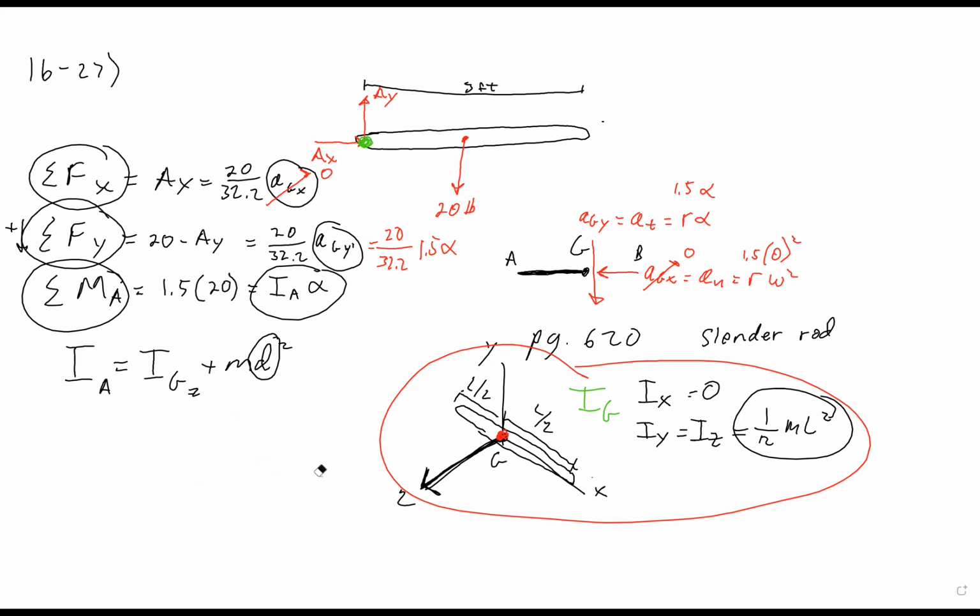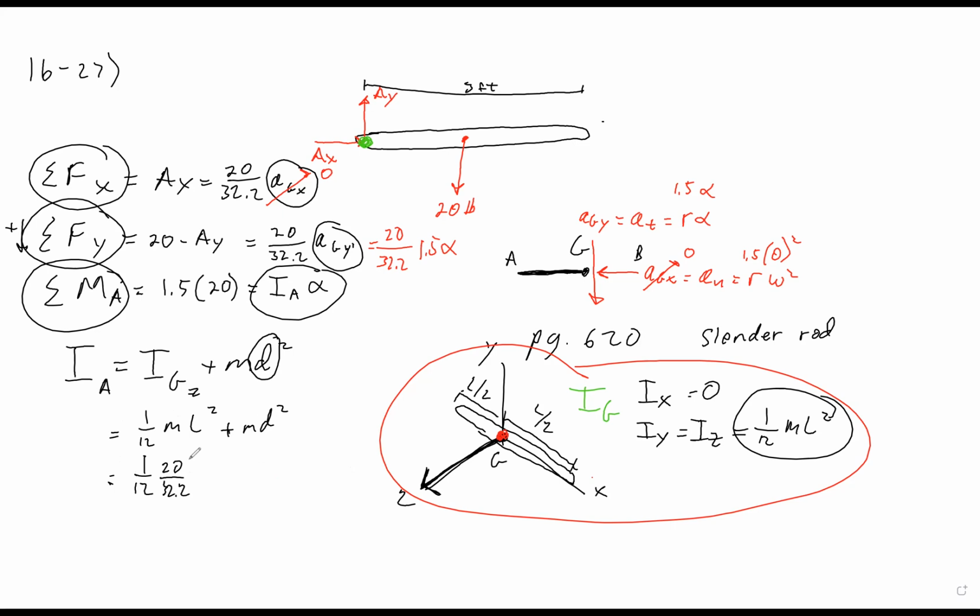We have, again, a slender rod. So it's still the same thing: 1/12, the mass times the length squared, and then plus md squared. Now, 1/12, what is the mass of our object? It's the 20 pounds divided by the acceleration due to gravity.